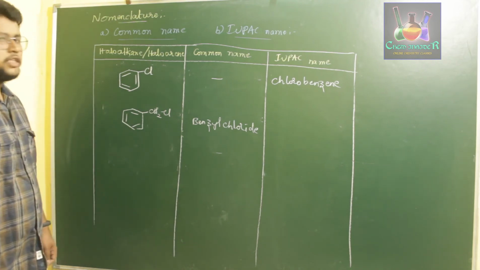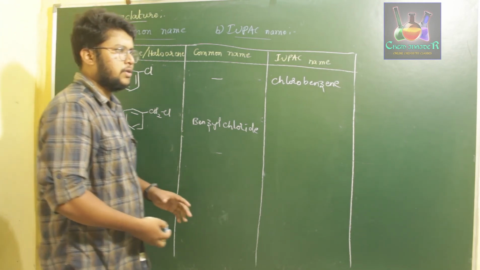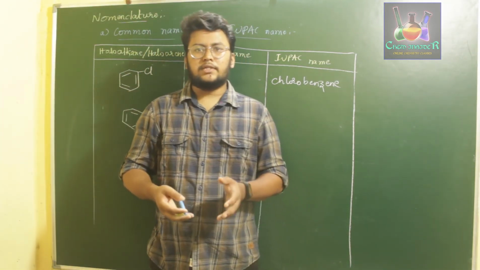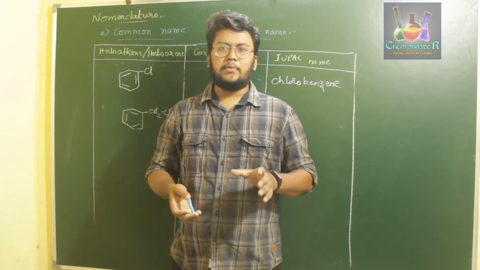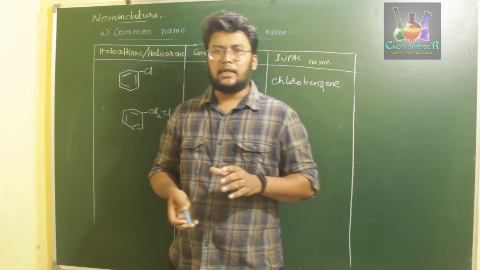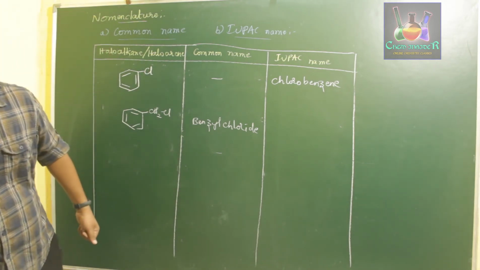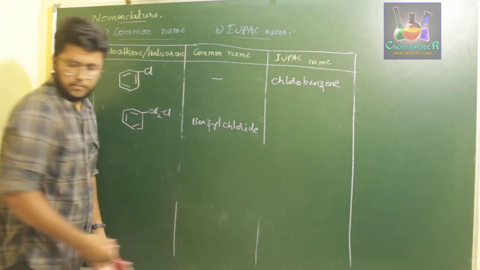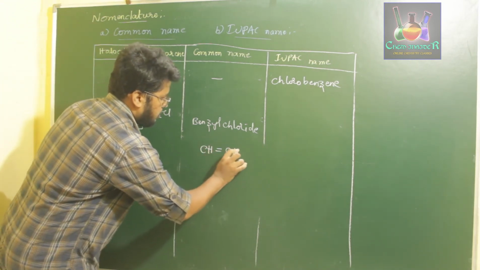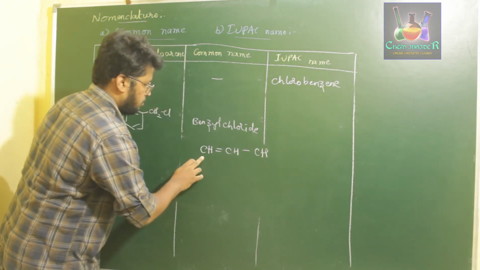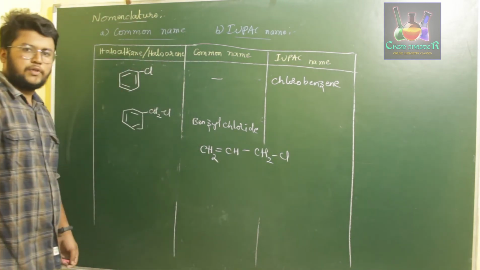So this is about certain examples of IUPAC nomenclature for haloalkanes and haloarenes. If you find examples in which a double bond is present at one position and halogen at a different position, you should name the compound in such a way that the double bond gets the least number. For example, CH double bond CH, CH2Cl.